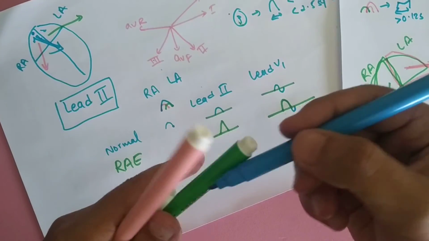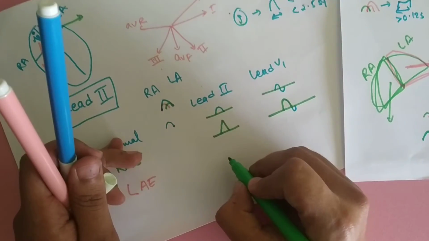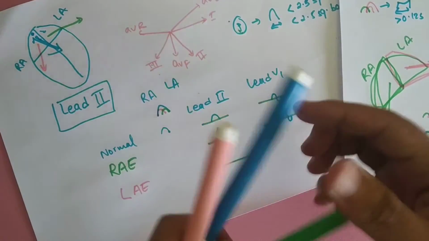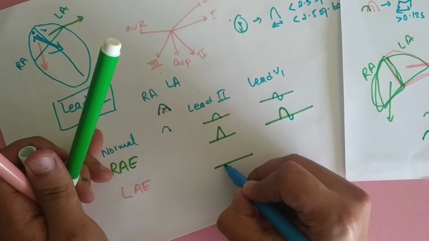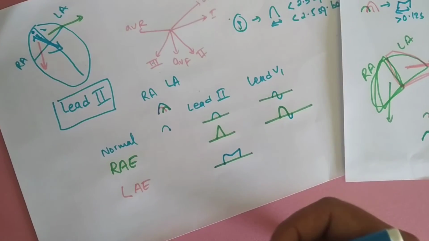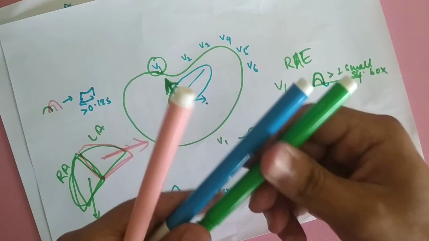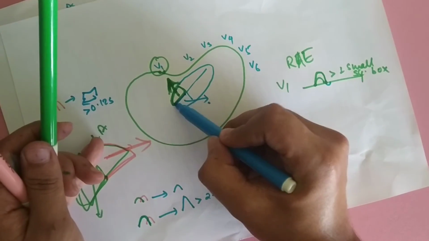So in lead 2, in left atrial enlargement, you will have a double-peaked P wave. Similarly, in case of V1, suppose this is your left atrial enlargement. This is your left atrium.